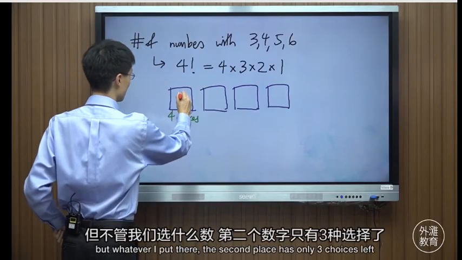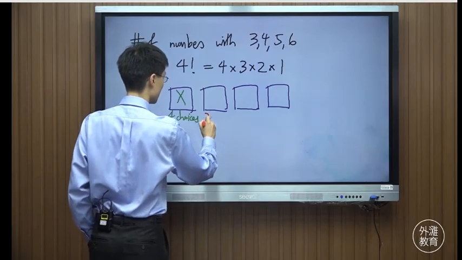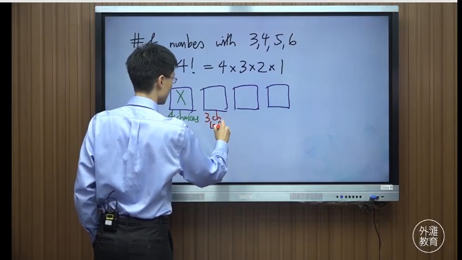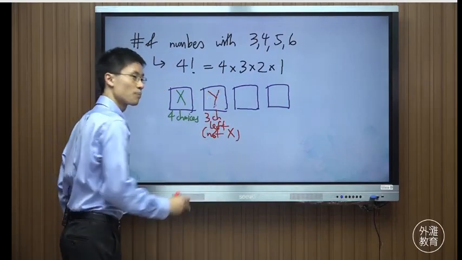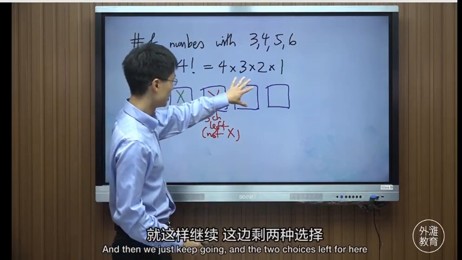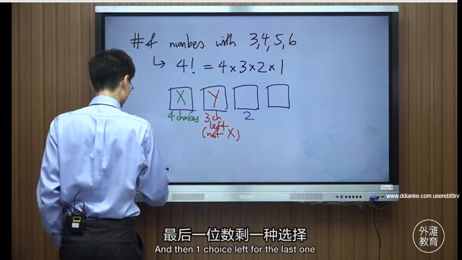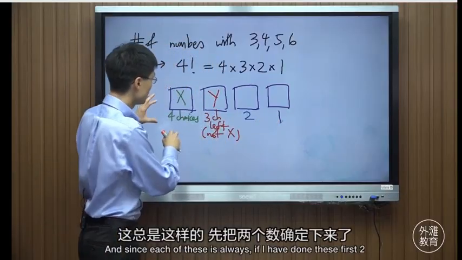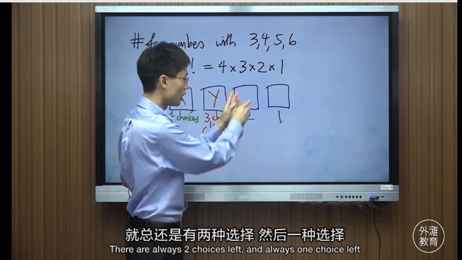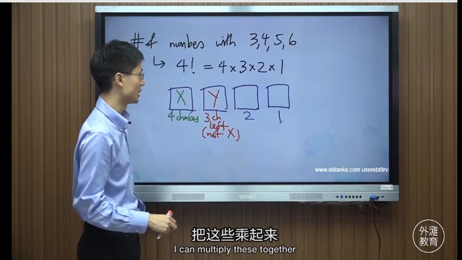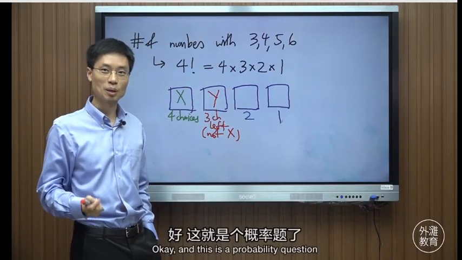But whatever I put there, the second place has only 3 choices left, because it has to be not that one I had put there. And then we just keep going. 2 choices left for here, and then 1 choice left for the last one. Since there are always 2 choices left and always 1 choice left, I can multiply these together, and that tells me how many different ways I can make my number. Okay, and this is a probability question.